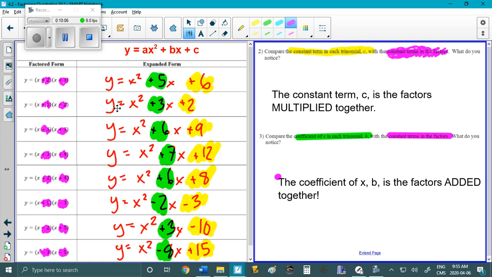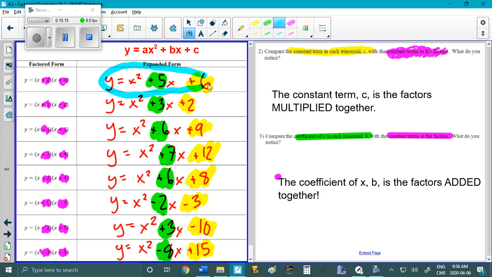And now what comes next, and this is the entire lesson for today, on the next page basically, we're going to figure out if we have this form, the expanded form, how do we take it back to here? And here's the idea. We know that this number, the 6, was these two numbers multiplied together, and we know that this number, the 5, was these numbers added together. So we need to find two numbers that multiply to 6 and add to 5.